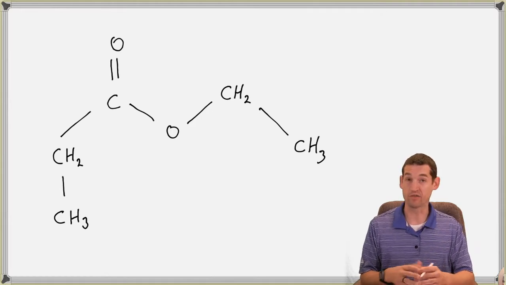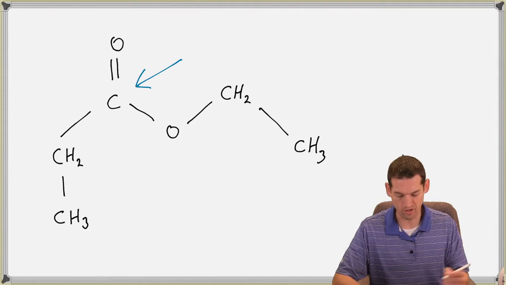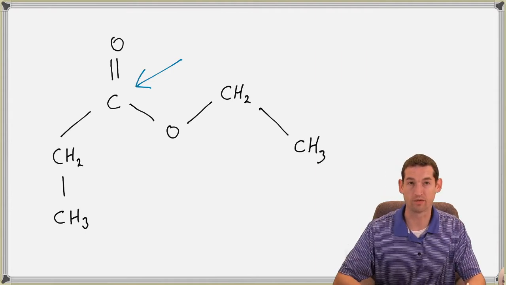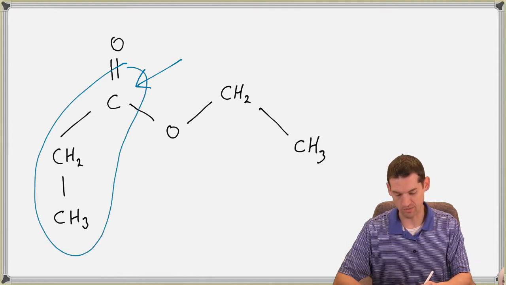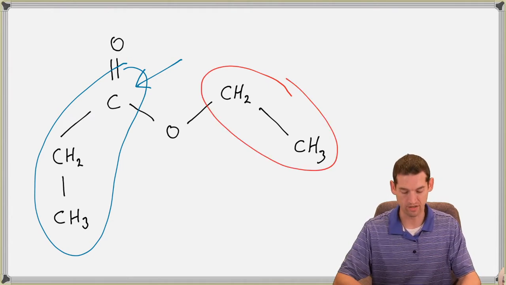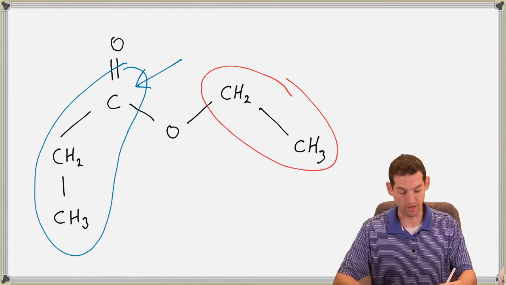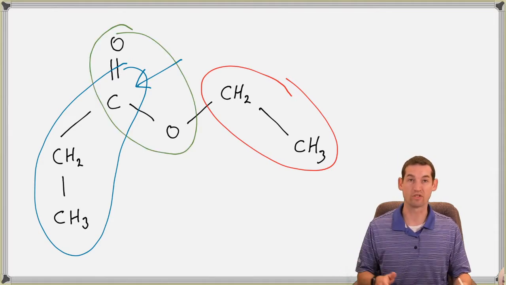It doesn't matter even if it's the shortest carbon chain. So if we look, the oxygens are pointing to that carbon, which means this is my parent chain, and this over here is going to be my branch chain. And we also have our ester linkage that's connecting the two together.